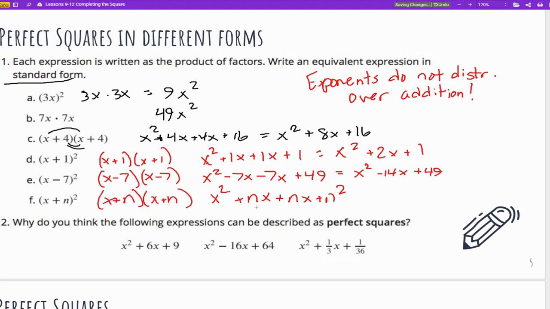Now, nx plus nx, okay, like terms. If I have one apple and I add another apple, I have two apples. Hey, I get a double middle term. And because the 2n is, well, double the term over here, this must mean that it works for all numbers. Fascinating. Okay.